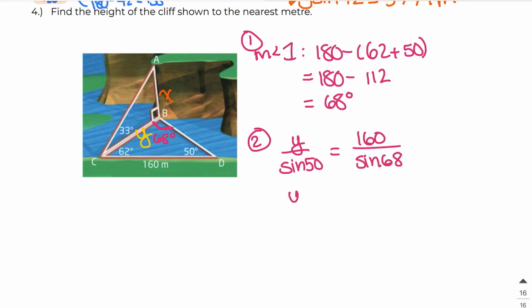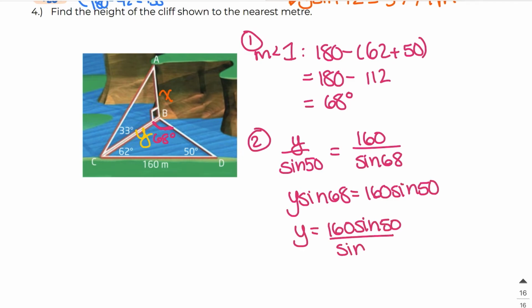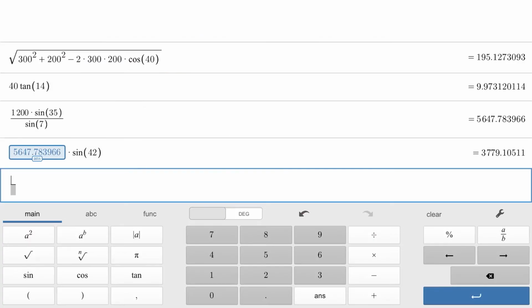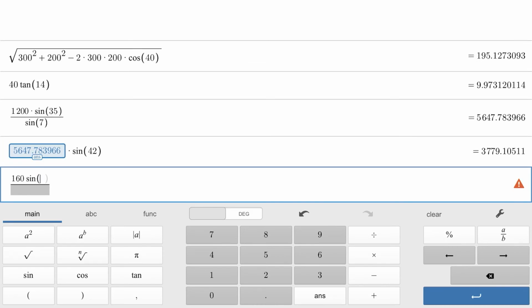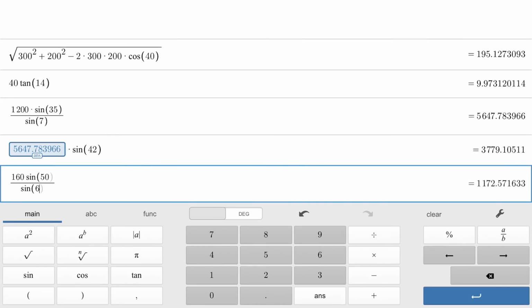Now to cross multiply, I would get y sine of 68 is equal to 160 sine of 50, and then I would divide both sides by sine of 68. So I end up getting y is equal to approximately 160 times the sine of 50 over the sine of 68, and I get 132.